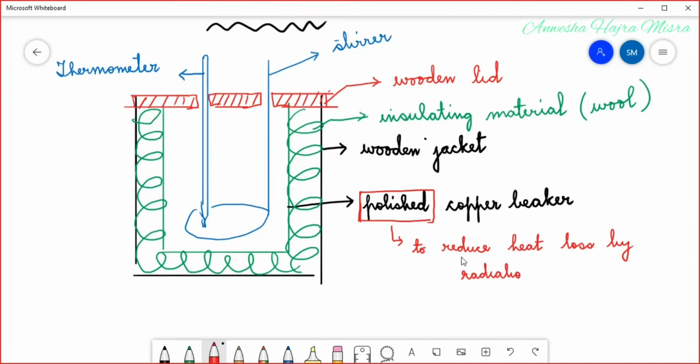Polished surfaces do not radiate heat. Actually, the outer and inner surfaces of the vessel are polished to reduce heat loss by radiation.